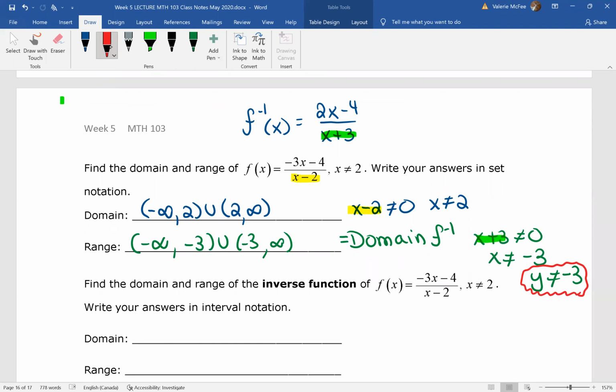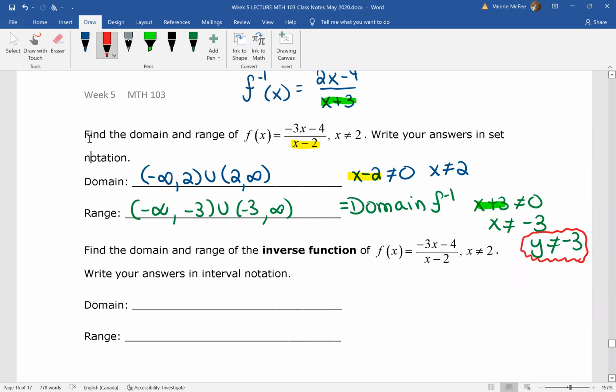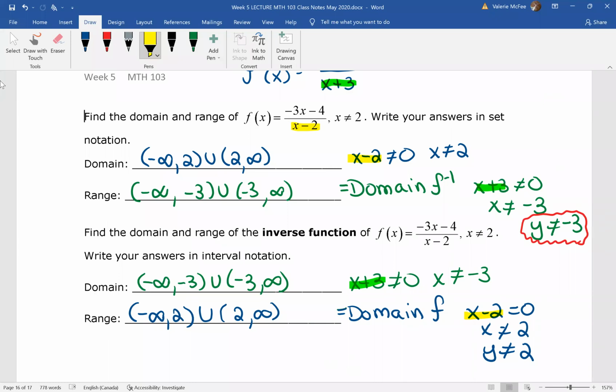Now I would like you to find the domain and range of the inverse function. I've written the function there. Remember, the inverse function I've written at the top of the page. So for the inverse function, we saw that x plus 3 cannot equal 0, x cannot equal -3.